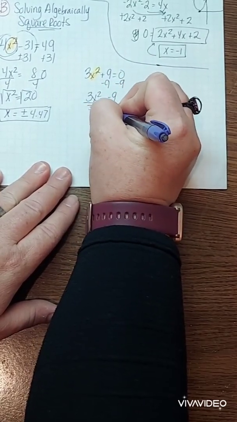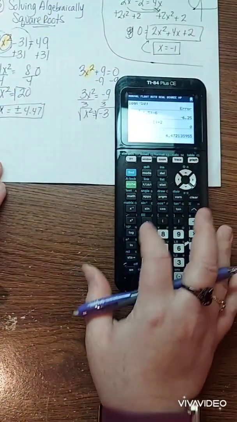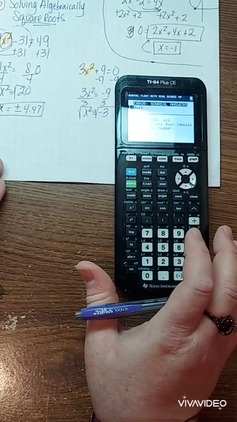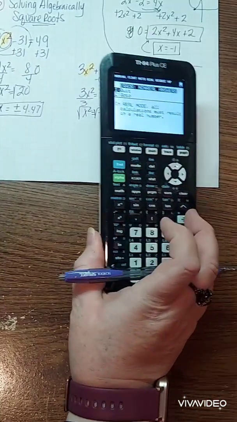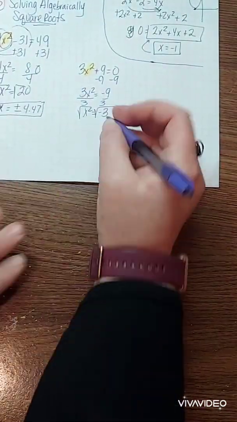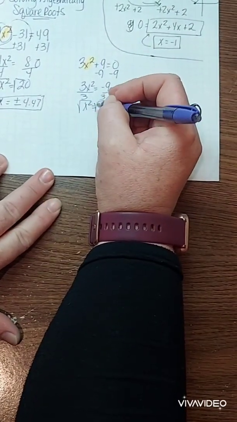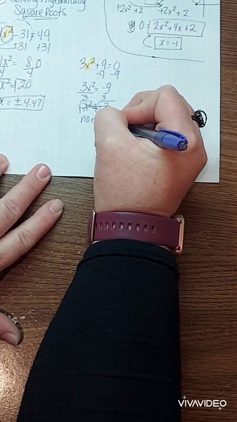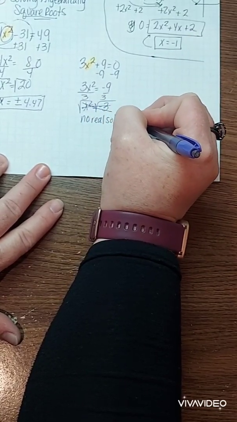X squared is equal to -3. Square root both sides, right? So square root of -3, oh, wait a minute, I can't square root negative numbers. So this is no real solutions. Doesn't work.